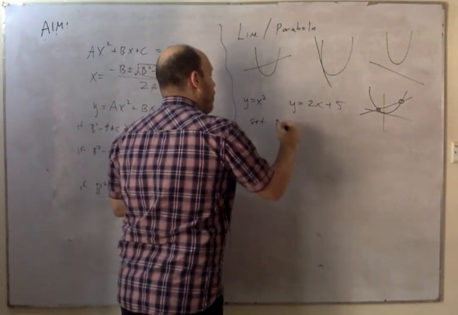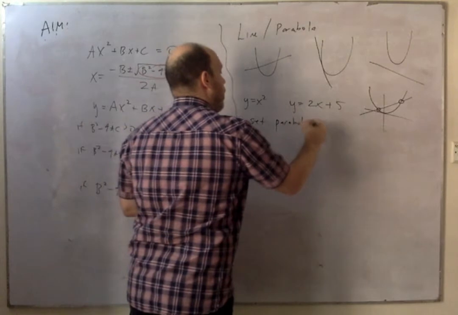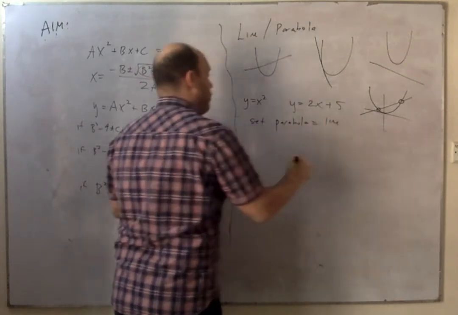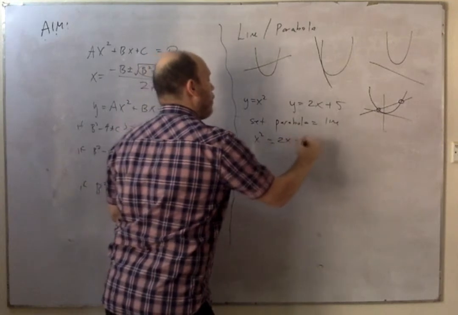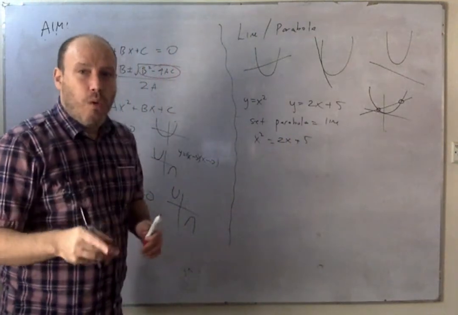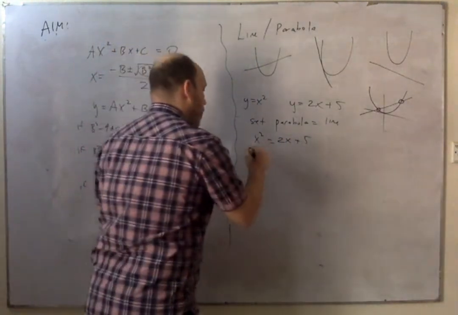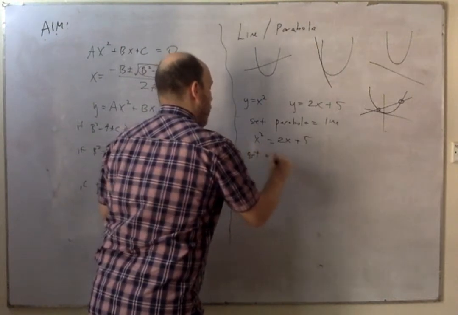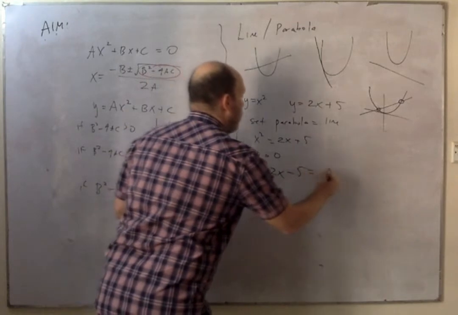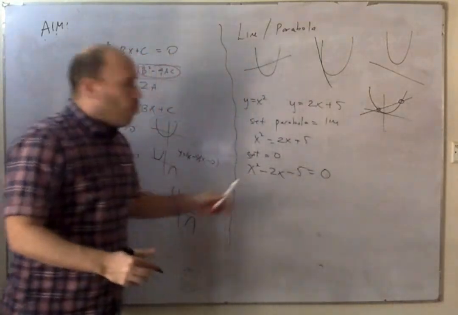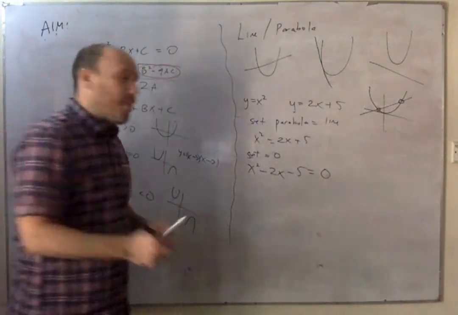So what we would do is, first, we would set the parabola equal to the line, x squared equals 2x plus 5. Then we would set it equal to 0. So we have x squared minus 2x minus 5 equals 0. And then we would evaluate the discriminant.